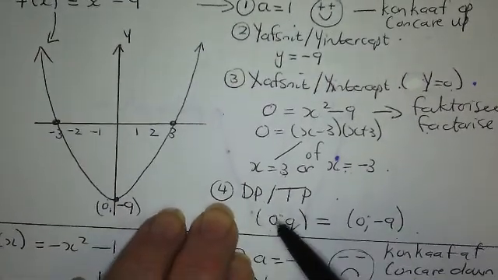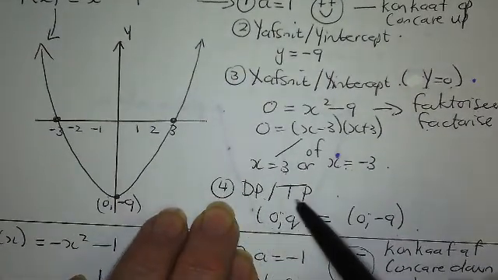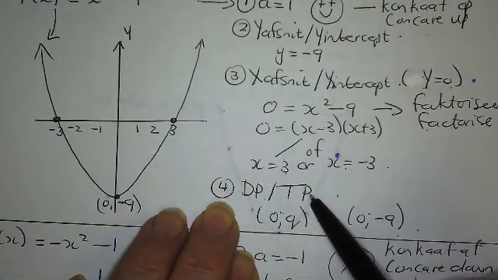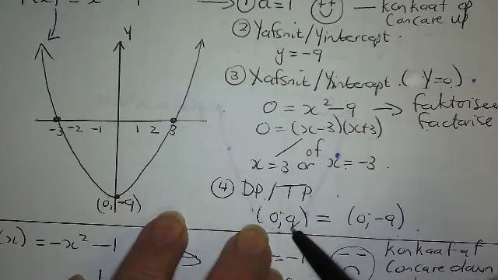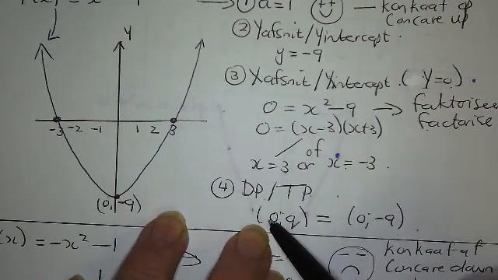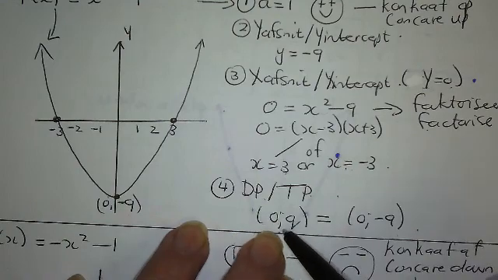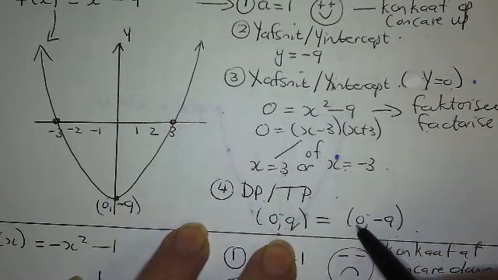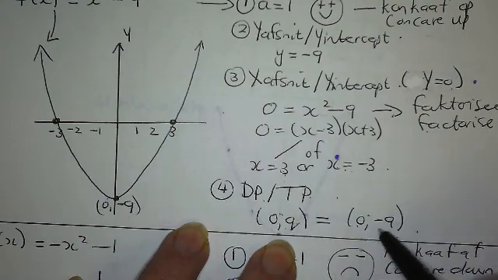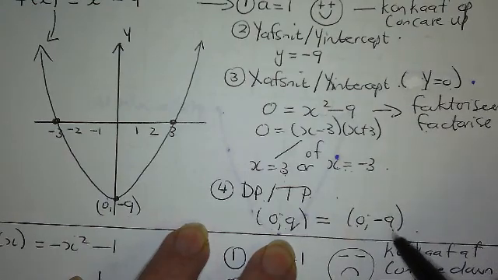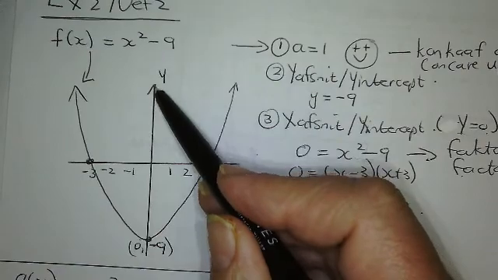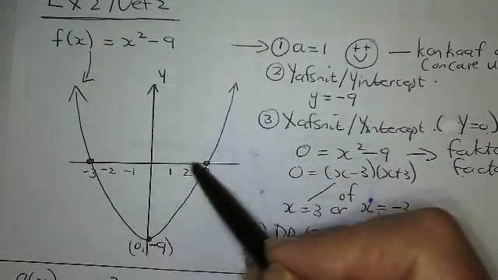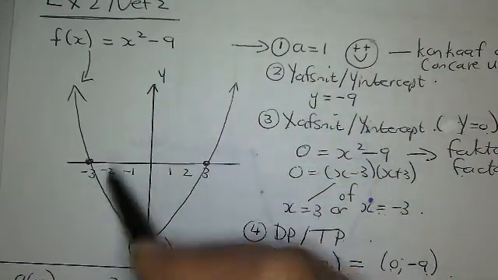Now the fourth step is to do the TP, the turning point. And remember we said the turning point will be 0, which is your line of symmetry, and the q value. So the 0 stays here 0, and the q will be -9. Now on your Cartesian plane, the y and your x-axis there, you just plot the points.